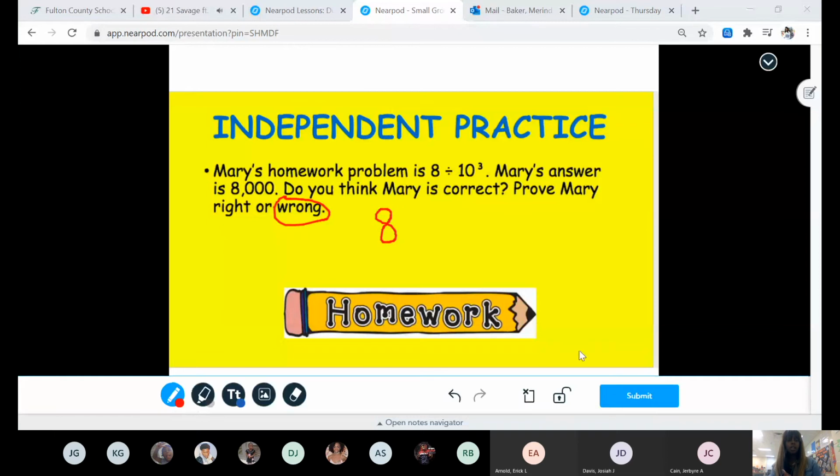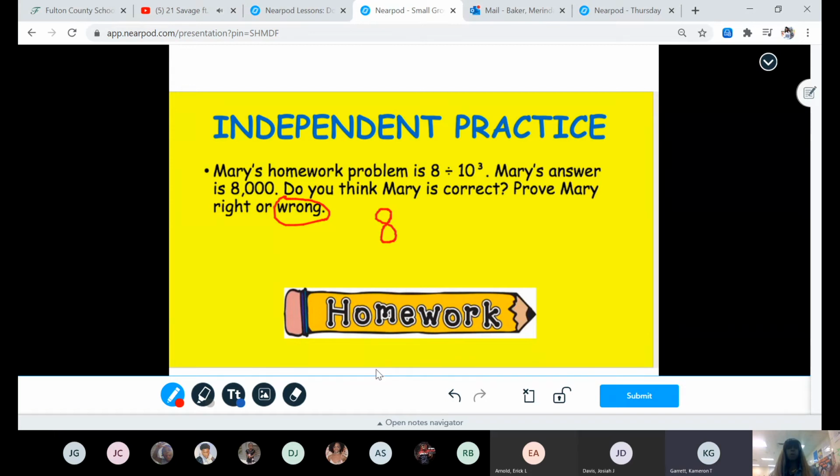Now I need somebody else to help me walk through the steps. Cameron, come on, unmute. Help me walk through the steps. So step 1 is find the decimal, Cameron. Do you see the decimal? Okay, since we don't have the decimal, where am I going to put it?